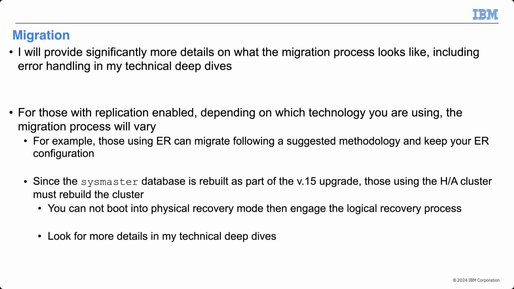When that instance gets migrated into 15, whether it's an IV0 or not, it's going to come up as a standalone instance. It will not know anything about previously existing HDR secondary or any RS secondaries, and you will have to rebuild the cluster again from scratch. IFX clone is going to be your friend here in getting those secondaries rebuilt, but that is a pretty big need to know about 15 before you migrate.